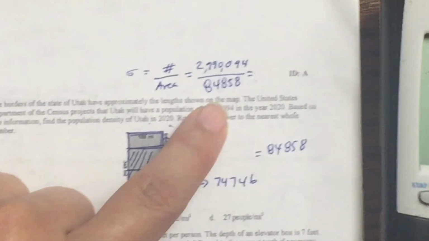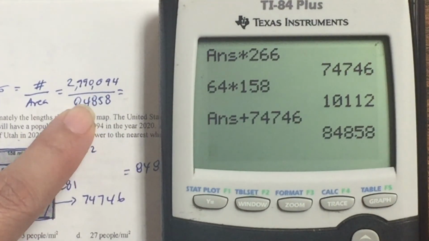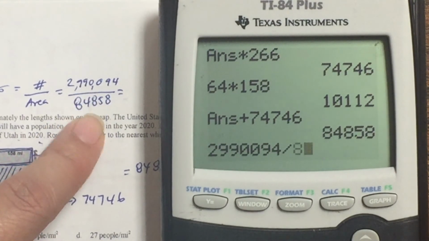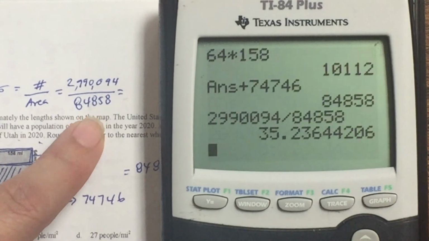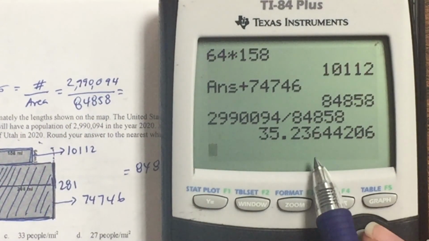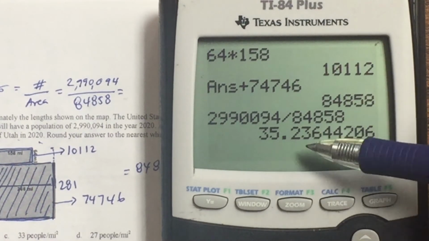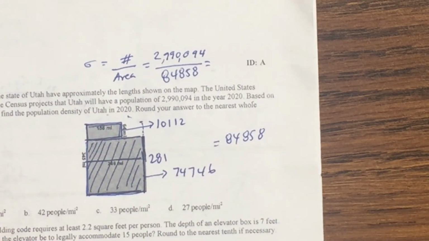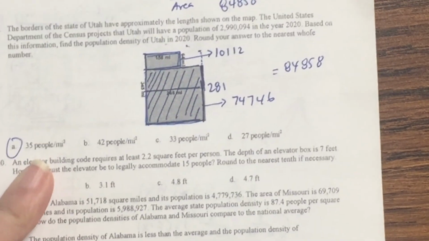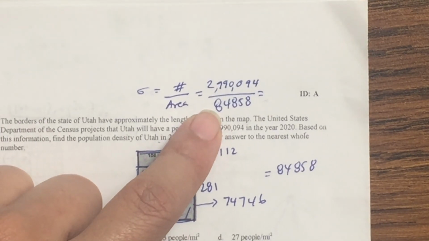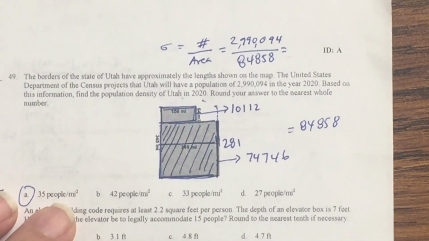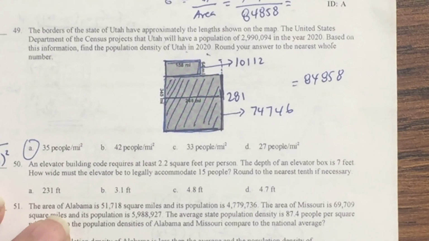And then you just put that in the calculator. 2990094 divided by 84858 is 35.23. You can't have 35.2 people, so it's 35. All right, so I don't know about you having to remember this, but if you do need it, to find the population density, it is the number of people over the area of the place you're looking at.